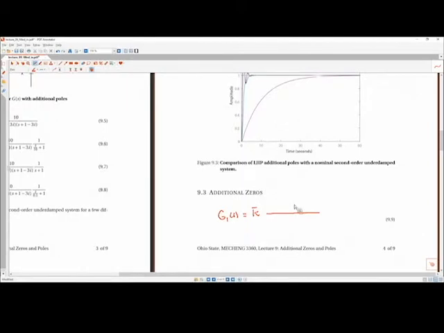I've changed nothing here, just changed the form slightly. It's exactly the same equation. And this is our comparison, and then we're going to say that we have a system with an extra zero, and we're going to parameterize this zero exactly the same way. It's going to be some scaling of the real part of the second order underdamped poles.